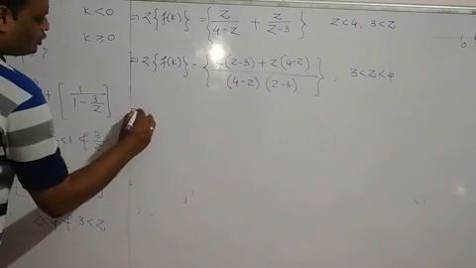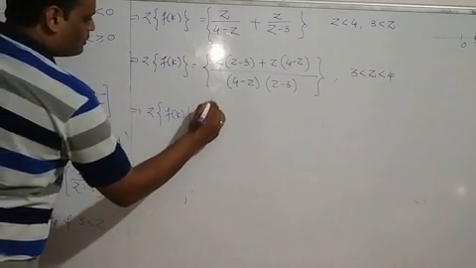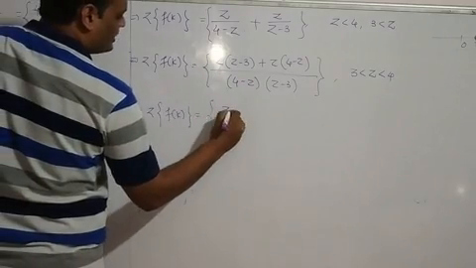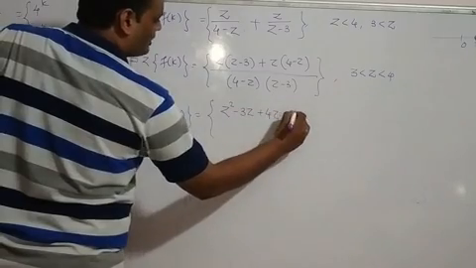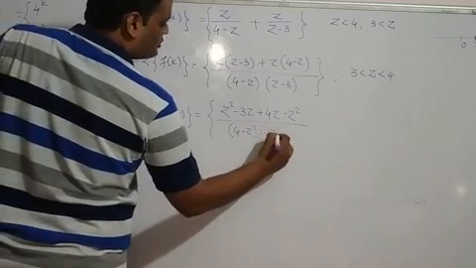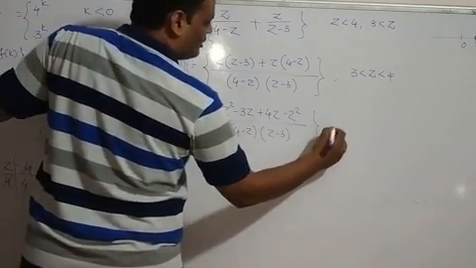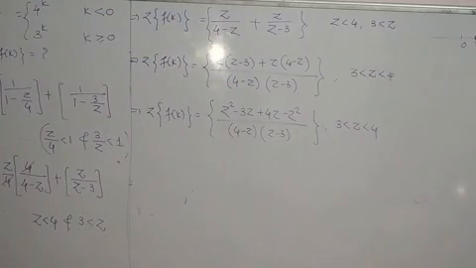Now we will solve the numerator part. So what is Z of f of k? That comes out to be z into z is z square minus 3z plus 4z minus z square over 4 minus z into z minus 3, where 3 is less than z is less than 4. That is your radius of convergence.